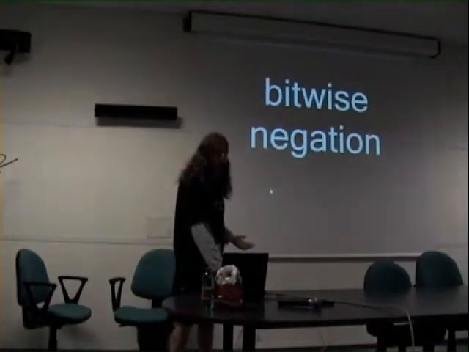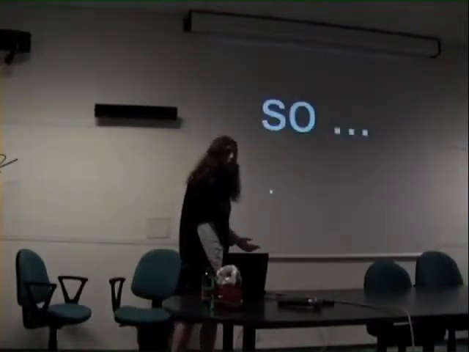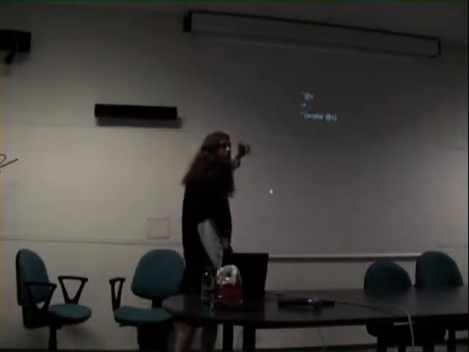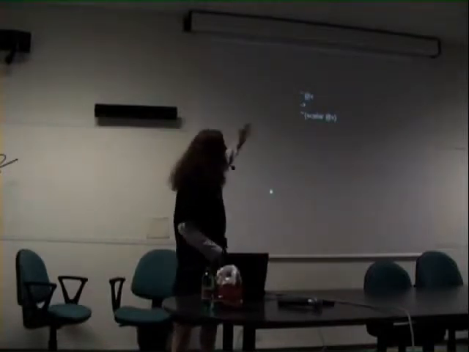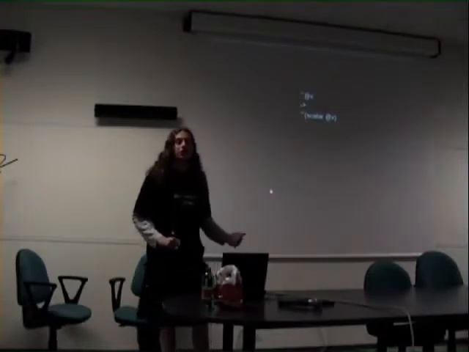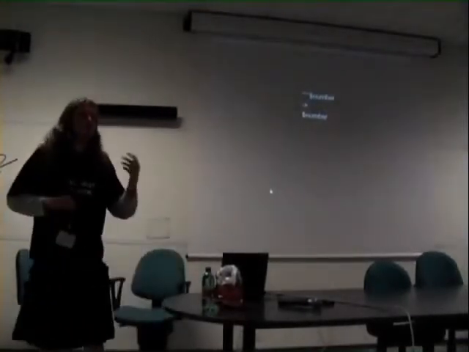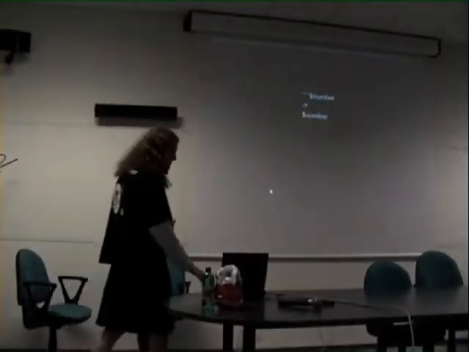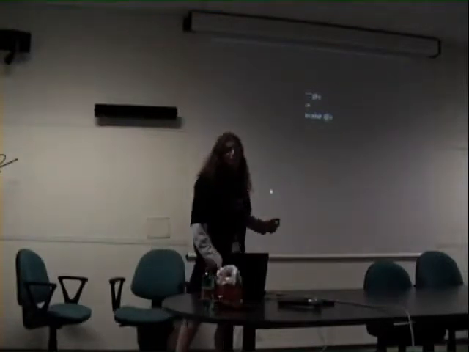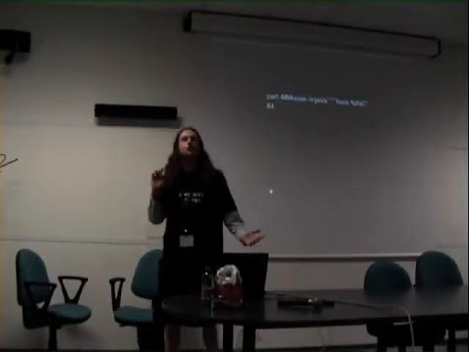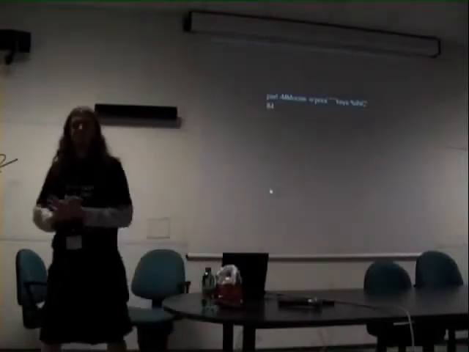Now tilde is bitwise negation, so it's a scalar operator. So it forces the right-hand side into scalar context. Oh, yuck. Now, if you negate a number twice, you just get the number, which means that double tilde is actually a short form for scalar. And that's useful sometimes in one-liners.